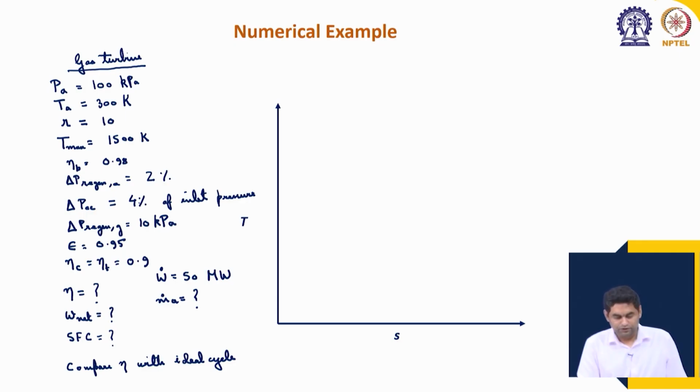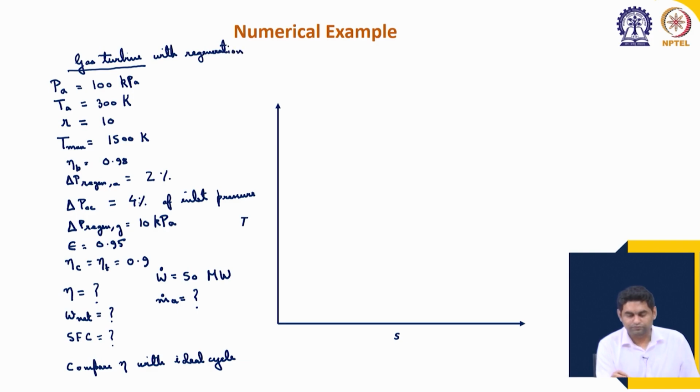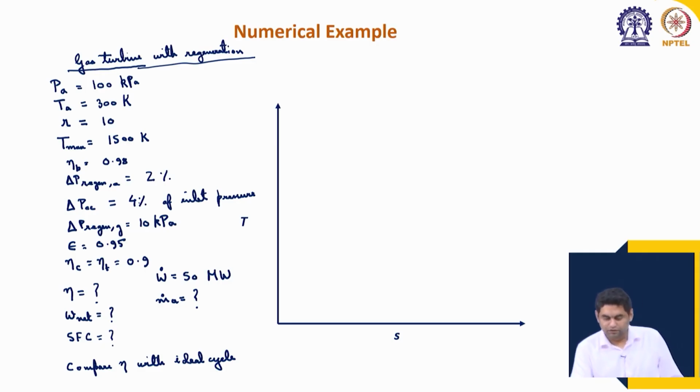This is a regenerative type gas turbine, with regeneration but no reheat or intercooling. We again start by drawing all the processes on the T-S diagram. That is how we should always start solving this problem.